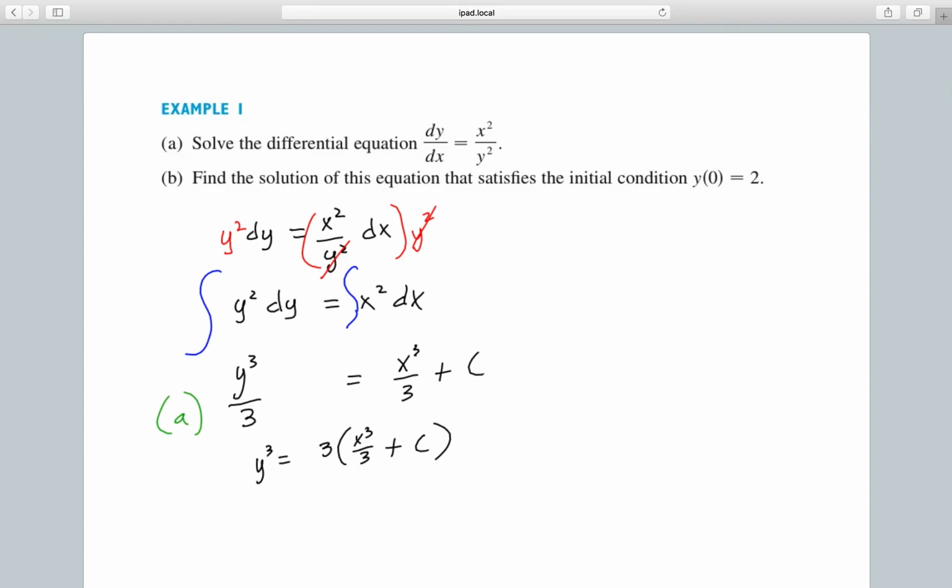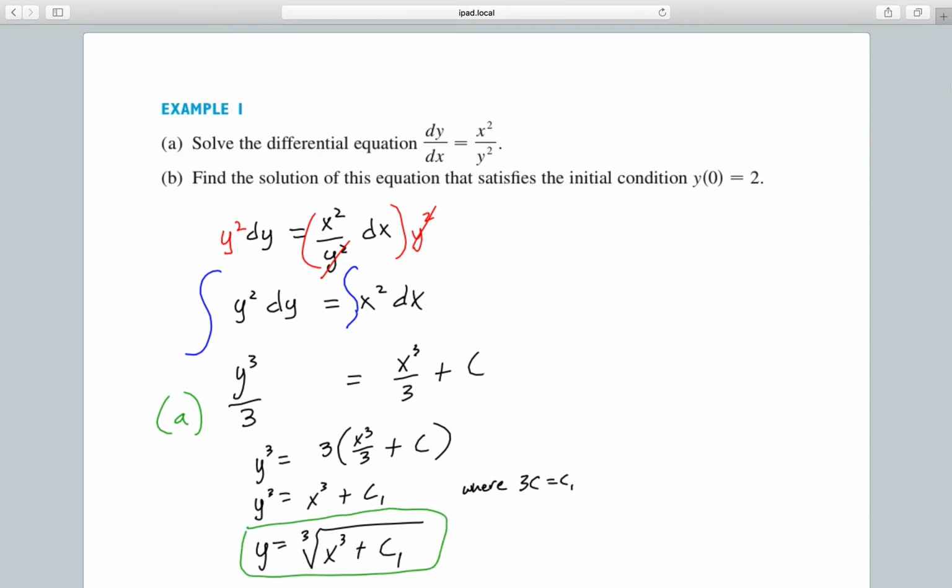And so that's y cubed equals x cubed plus, let's say, a different constant. Call it c1. I'll just make a note where 3c equals c1. And then I'm going to take the cube root of both sides. So y equals the cube root of x cubed plus c1. All right, there's my answer to part A.